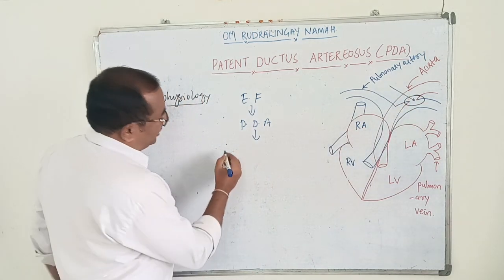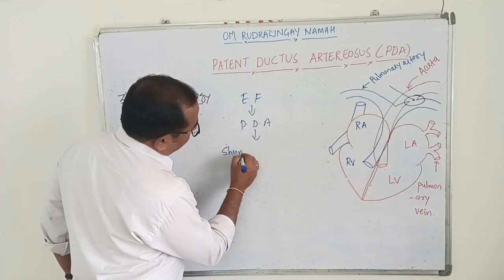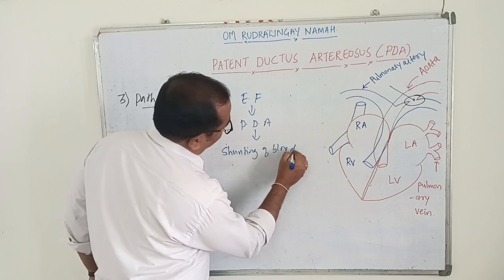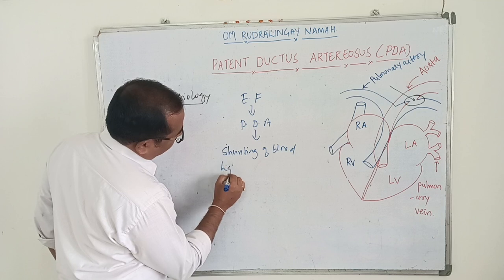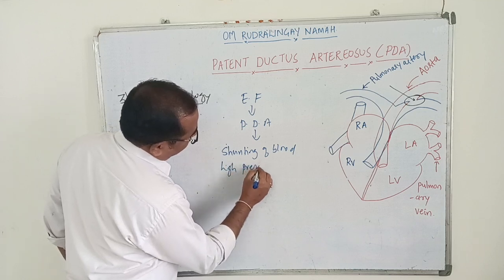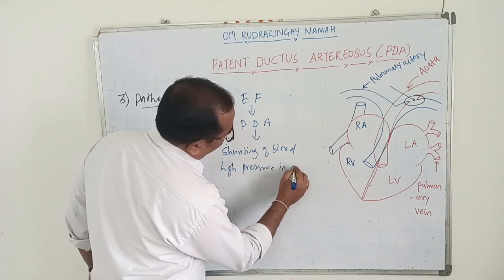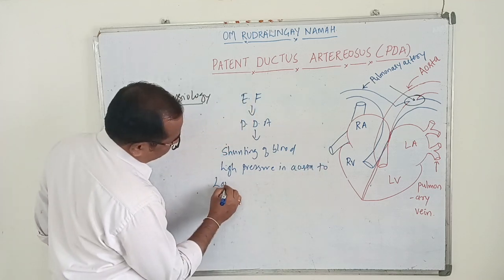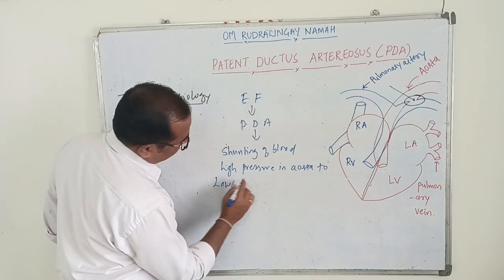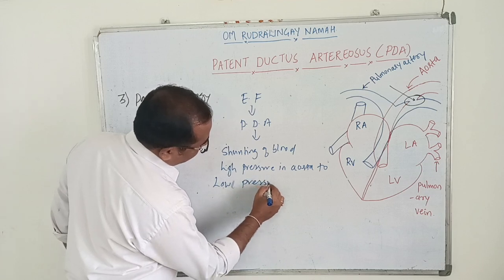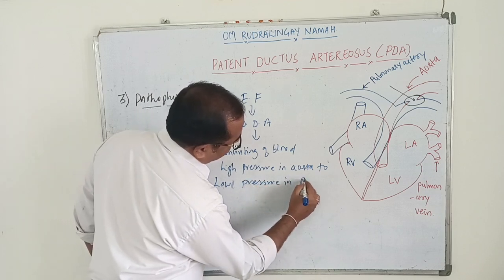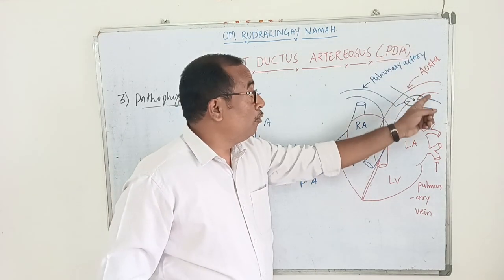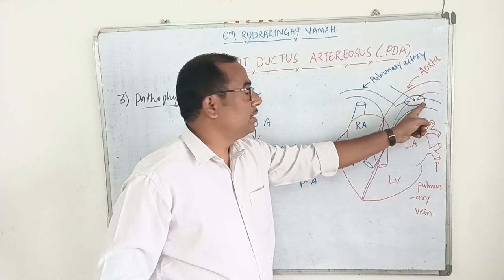Because of this, there is shunting of blood from high pressure in the aorta to low pressure in the pulmonary artery.